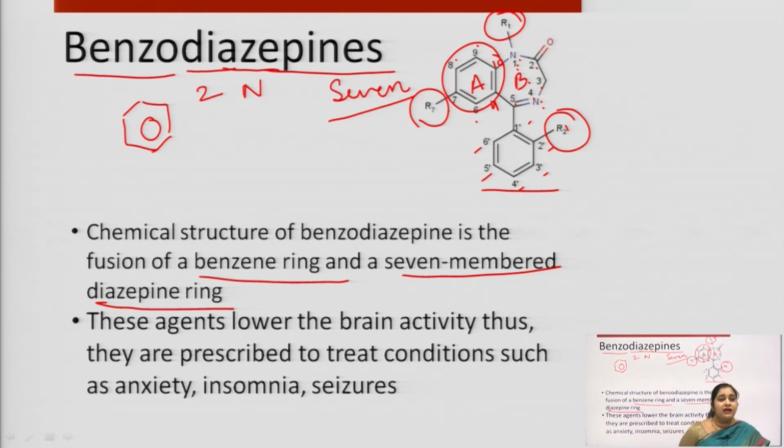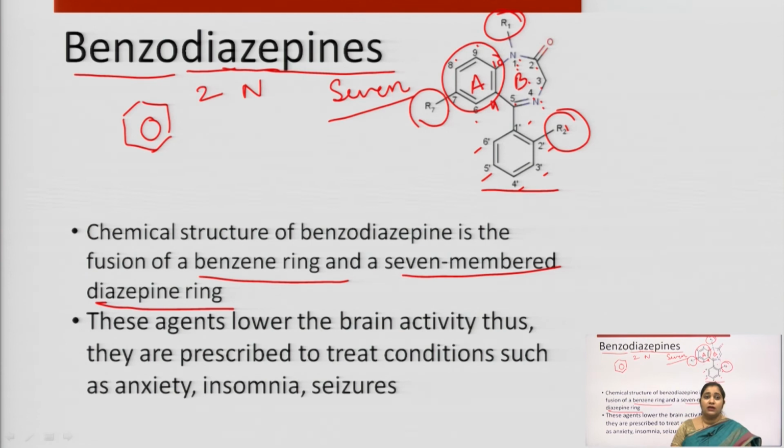So when GABA itself is producing calmness in the central nervous system and the benzodiazepines are supporting it, in this way they act in the treatment of anxiety, because you have so many thoughts and so many anxious feelings when you are suffering from anxiety.